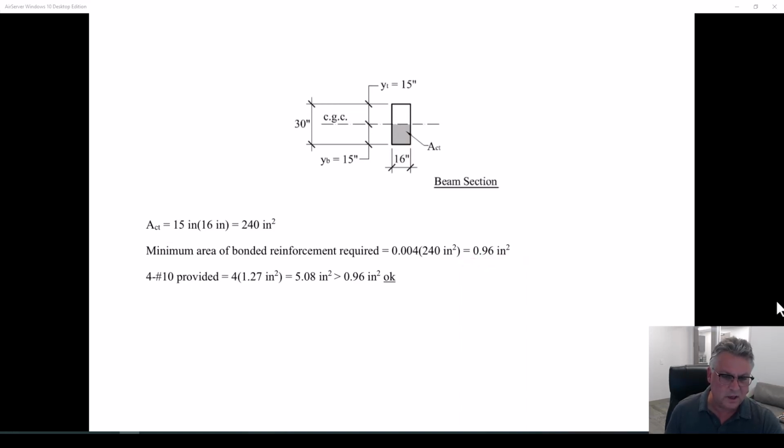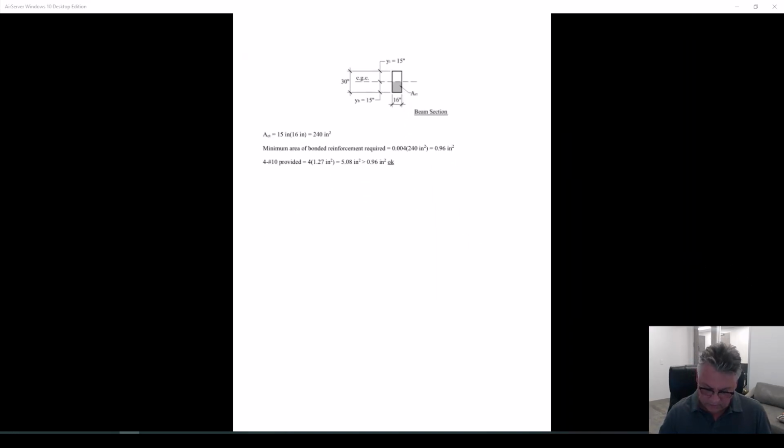In this particular example, we had a lot more than we needed. We have 4 number 10s. That provides 5.08, much more than 0.96. Not always going to be that way, particularly when we get to T-beams. But that's how the minimum bonded reinforcement is addressed.